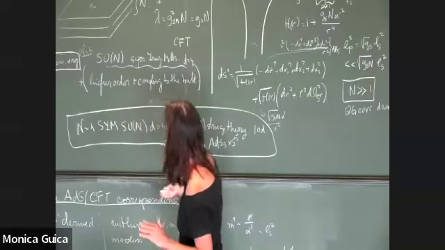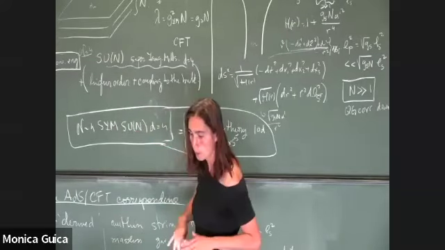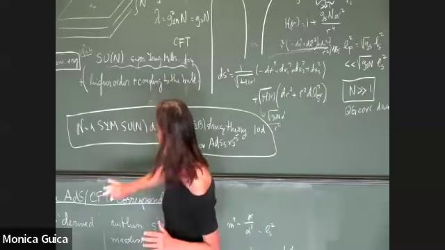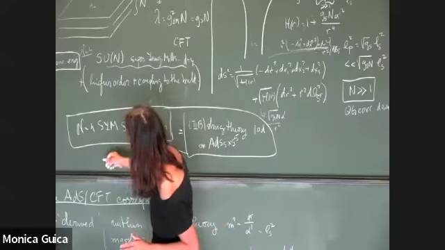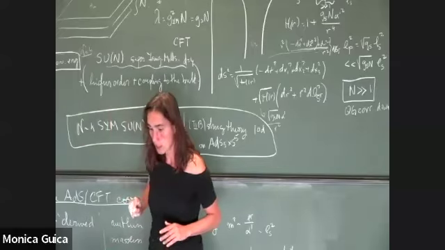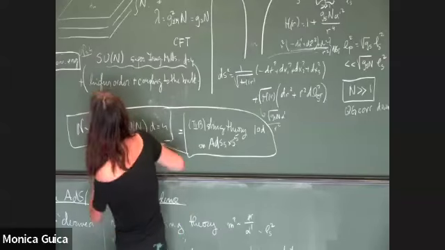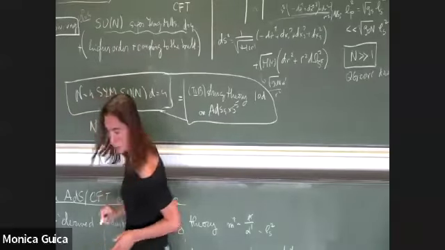So you have these two theories. These two things are supposed to be different descriptions of the same theory. When one description is weakly coupled, so I'm supposed to be fixing this N parameter, the number of branes.